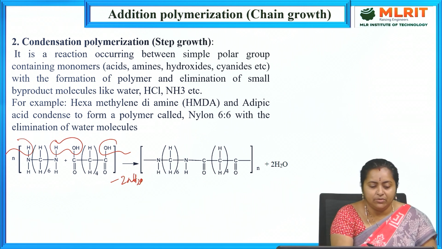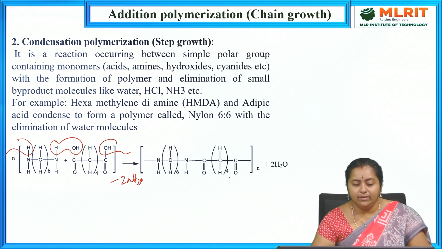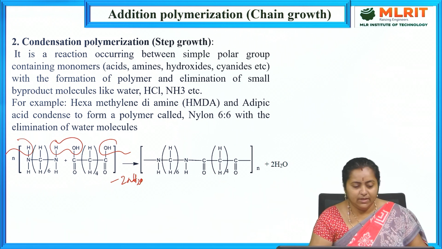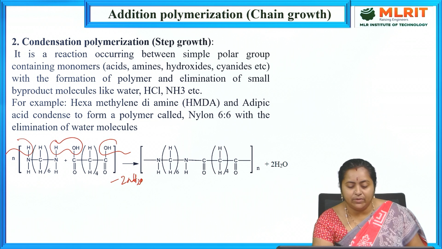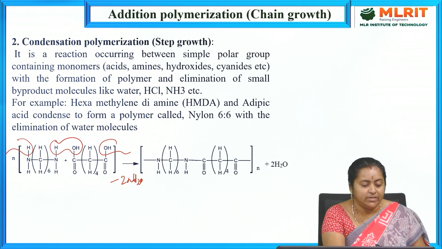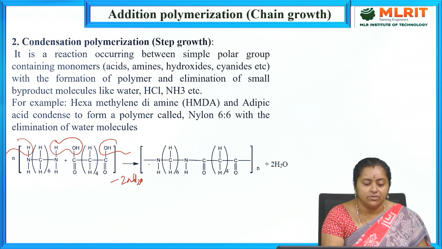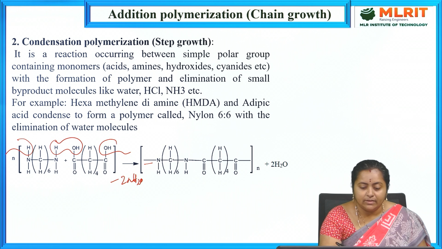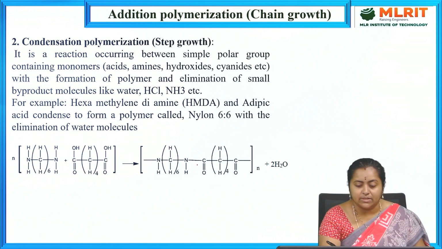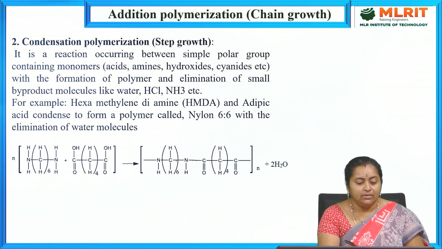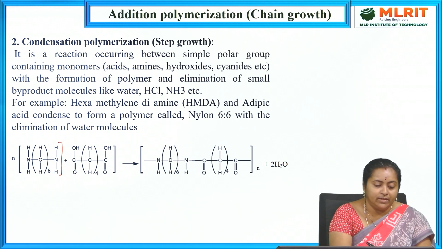So if you notice the structure of this polymer, as I told you, water molecules are eliminated. For the first nitrogen, what is the valency of nitrogen? It is 3. I removed one hydrogen here, so it will get a bond here. Then it has hexamethylene, that is CH2 6 times, linked to the next amino group NH2.